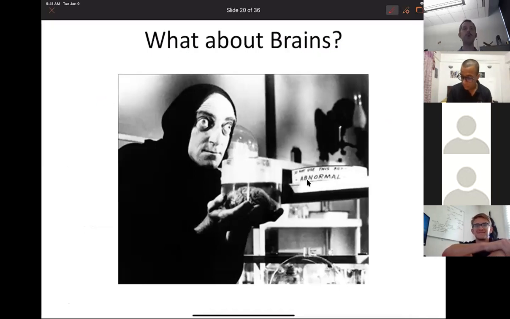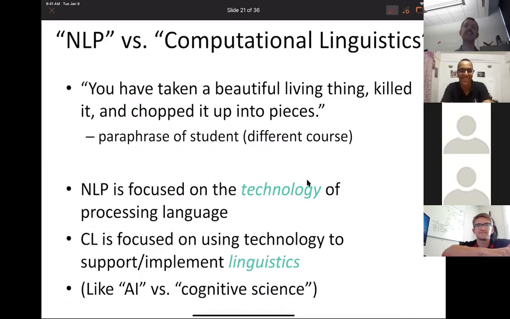So what about brains? This brings us to the distinction between NLP and computational linguistics. In another course related to this one, somebody said of linguistic analysis, you have taken a beautiful living thing, killed it, and chopped it up into pieces. And that's what we do in NLP and in computational linguistics.